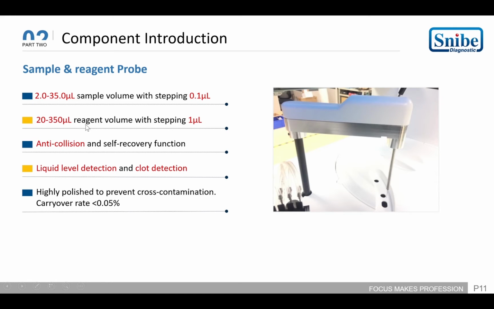For the reagent, it can add 20 to 350 microliters with a step of 1 microliter. It has anti-collision and self-recovery functions. We also have liquid level detection and clot detection. It is also highly polished to prevent cross contamination. So this is about our sample and reagent probe.